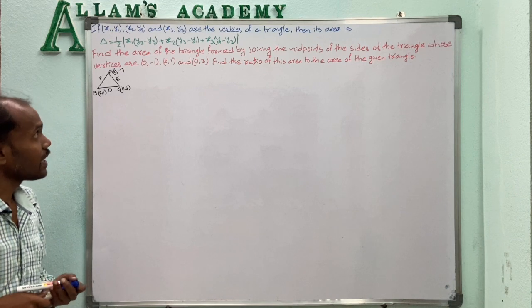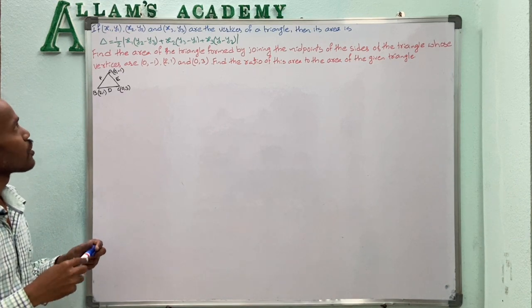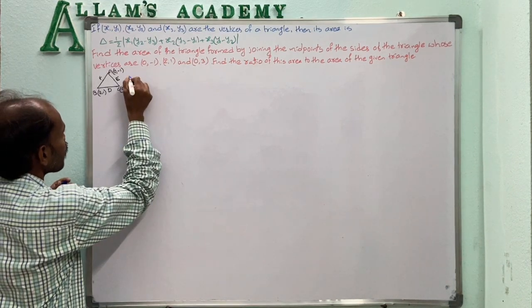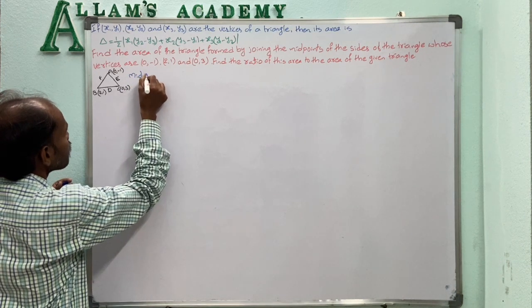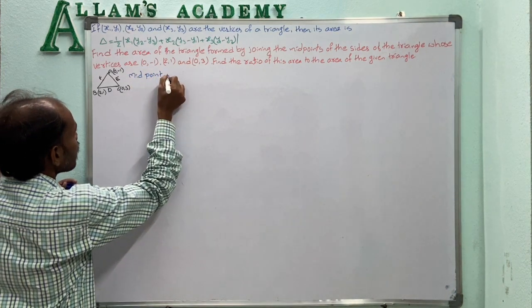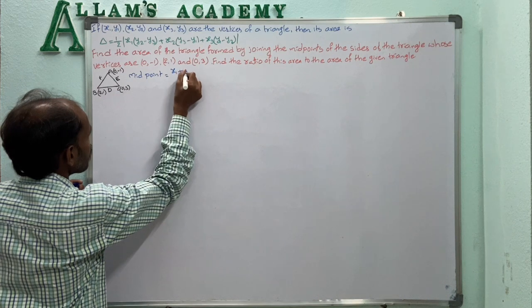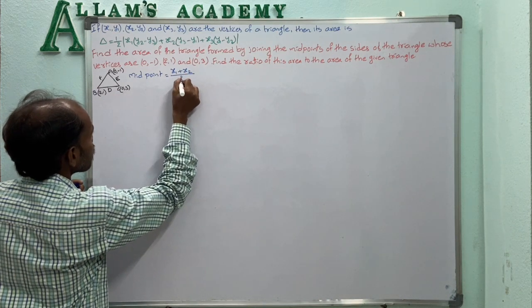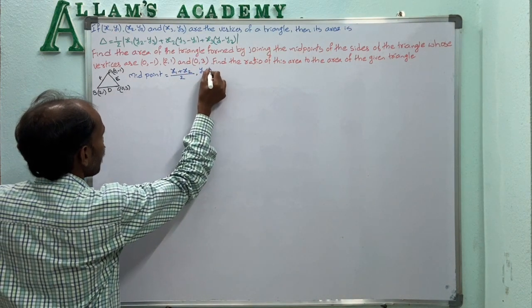So here the midpoints are given by the midpoint formula, which we know is (x1 plus x2) by 2, (y1 plus y2) by 2.